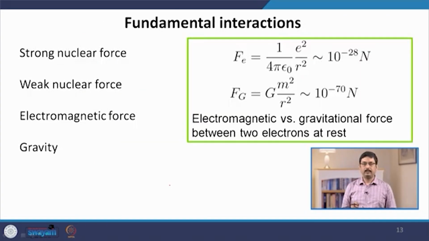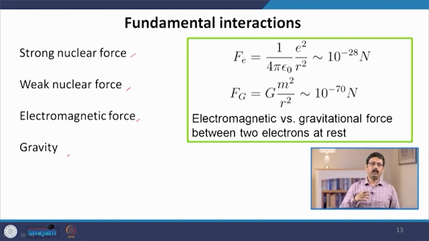Now, I must mention that from the modern 21st century physics point of view, all these different forces come from only four fundamental interactions: the strong nuclear force, the weak nuclear force, the electromagnetic force and gravity. The strong and weak forces exist only within a nucleus.